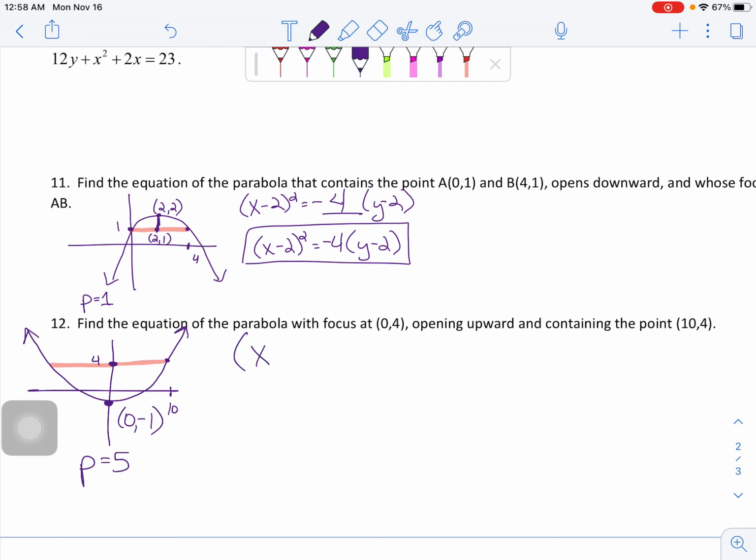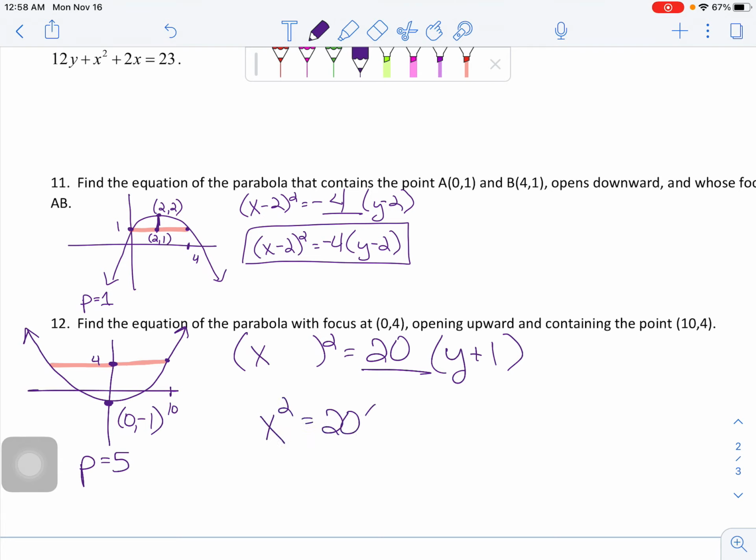So let's see, this is concave up, so it's going to be x squared is equal to positive something and then y. Let's see, x plus or minus 0 isn't going to matter. 20 is my total of the latus rectum, so go ahead and multiply that times 4. And then we've got y plus 1. So x squared is equal to 20, y plus 1. Again, nothing tells me I need to multiply this out, so I'm going to be lazy and not bother to.